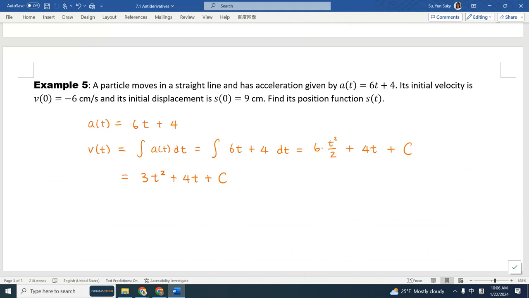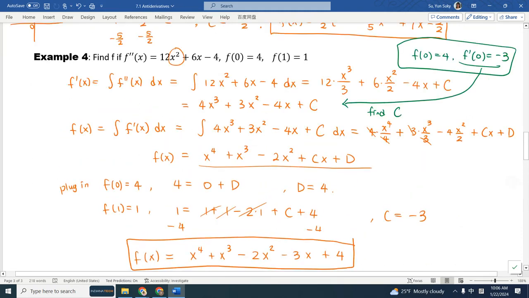This is unlike our previous example. Do you remember that example? I had two conditions, but both of them were about f, and we were given f double prime. So you integrate the first time, you get f prime. Can we plug in here?